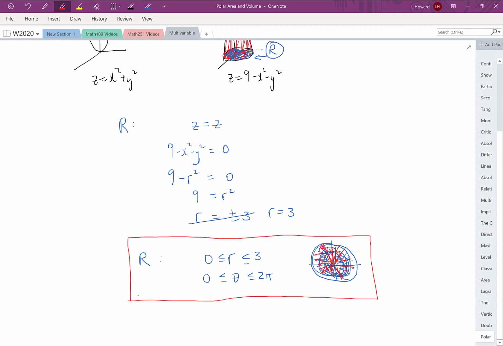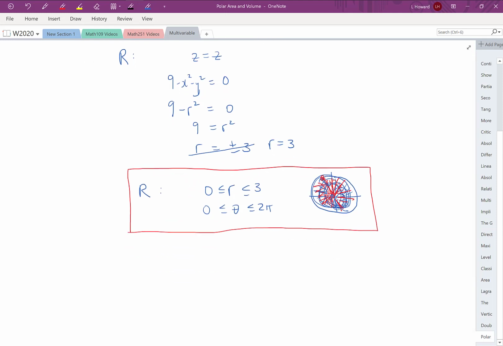So now that we've got a description of our region, we should be able to set up our double integral that's going to represent the volume. So the general formula is that the volume under a surface is going to be the double integral over the appropriate region of z times dA. If we're in polar coordinates, dA is going to be r dr d theta. And the z just comes from the formula for whatever surface we're working with.